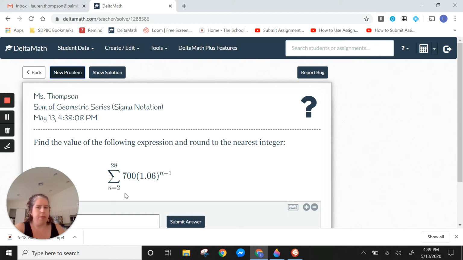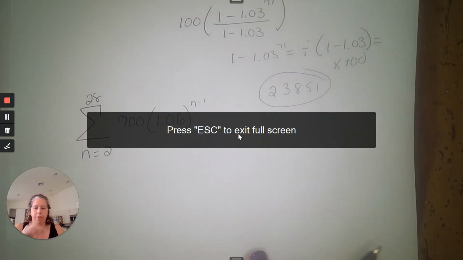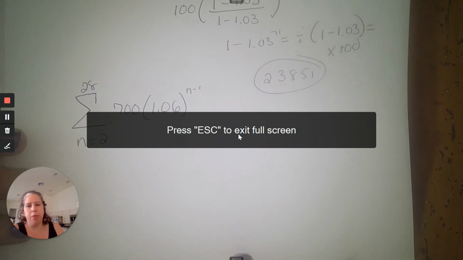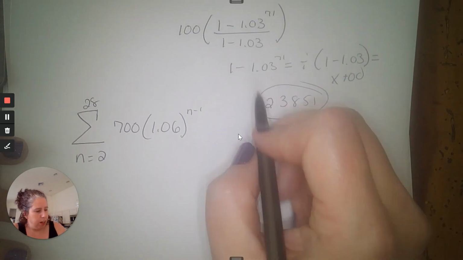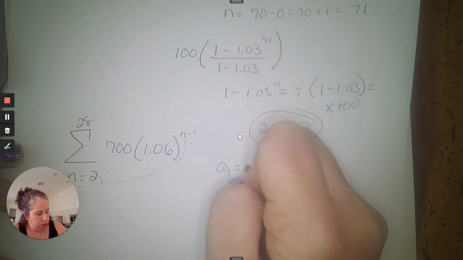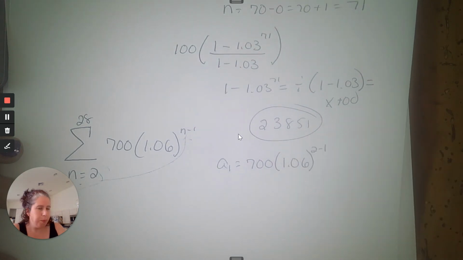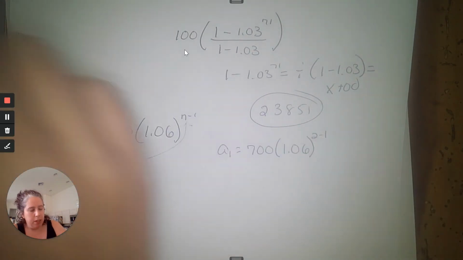All right, so we got the sum from n equals 2 on the bottom to 28 of 700 times 1.06 raised to the n minus 1. All right, so again, we need A1, which means we're going to plug the bottom number in for n. So this is going to be 700 times 1.06 to the 2 minus 1 power. So do this first, right?